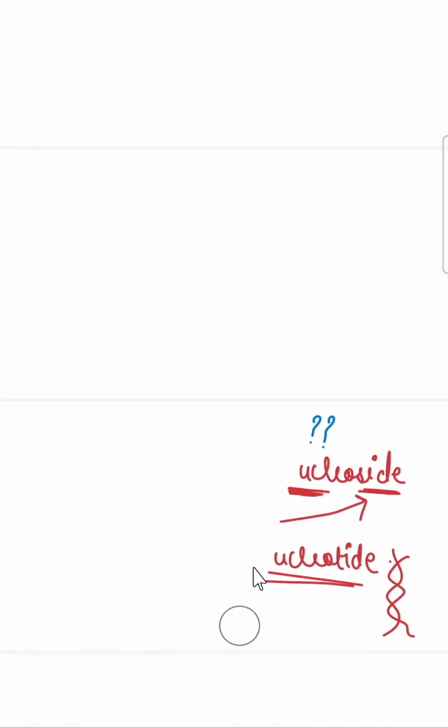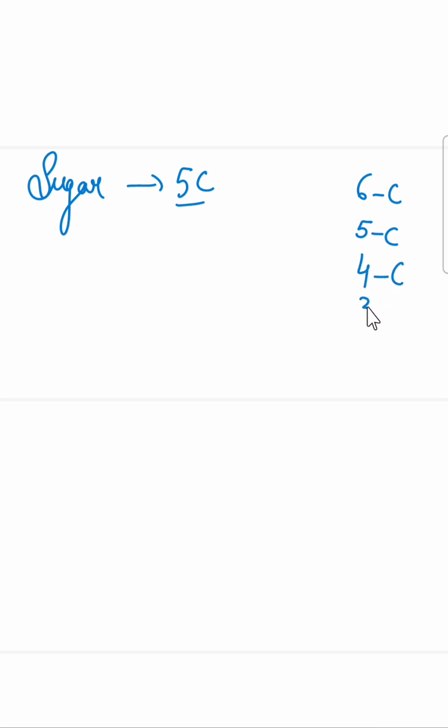Okay, see, we have the pentose sugar, that is 5 carbon sugar. We studied glucose, that is 6 carbon sugar. We already studied 5 carbon sugar, we already studied 3 carbon sugar, and so on. So the 5 carbon sugars are basically two.